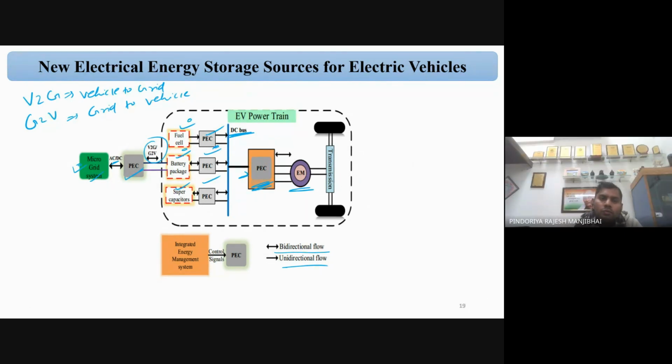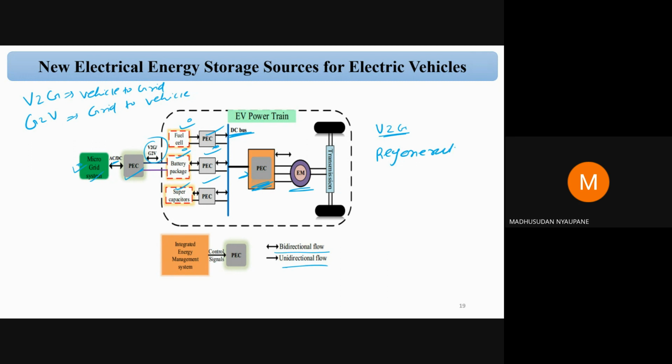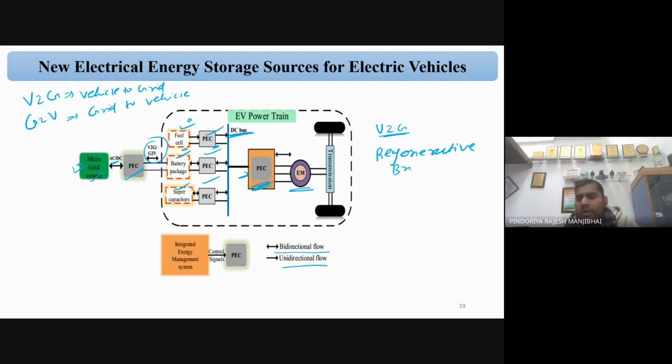So V2G and G2V is nothing but, suppose you have a vehicle, correct? And in the vehicle we can store energy. How can we store the energy in the vehicle? By regenerative braking, correct? By regenerative braking, we can store the energy.